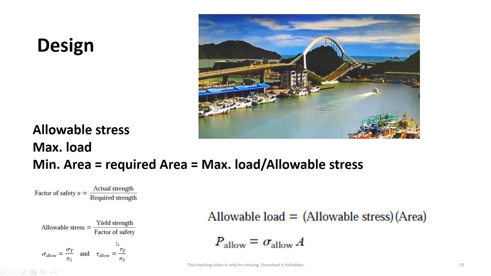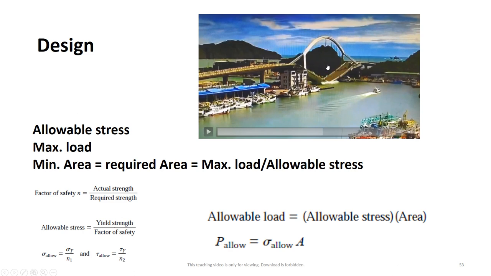If you put 1.25, that means your allowable stress should be lower because you can guarantee most of the cars cannot overload. So you put 1.25 here, and the original strength is maybe 100, so you divide it by the factor, so it should become lower. So most of the cars should not exceed the load.